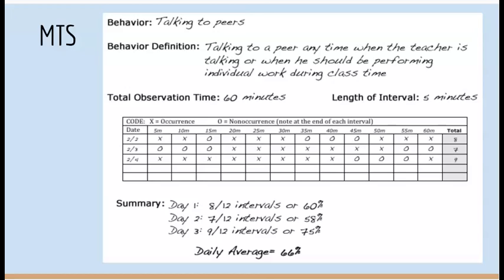You can have a little timer on your phone in your pocket and a vibration to signal every time that you should be observing at that moment. Then you can either have a little sticky pad that you write your note on the interval, or you could have an app on your phone that will allow you to toggle off or on if you observe the behavior. There's some nice apps out there that will allow you to do scoring directly on the app. So we will practice momentary time sampling as well.